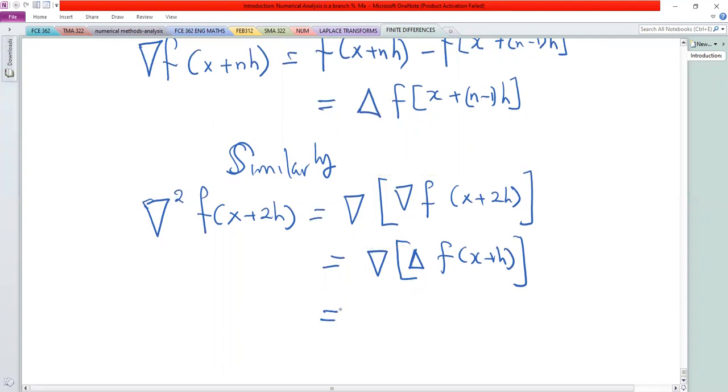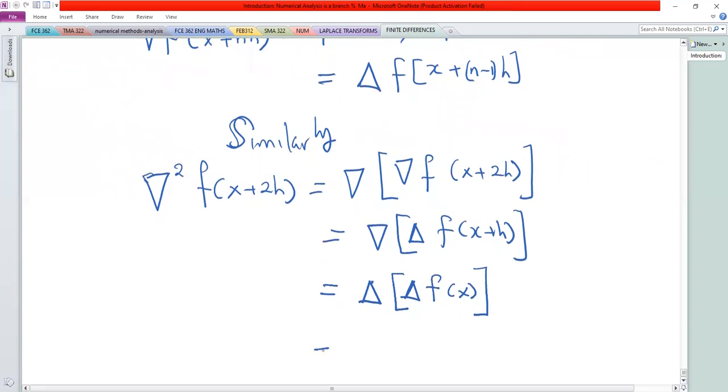So which can be written as forward of forward of f of x, and then do the same thing as writing forward squared of f of x.